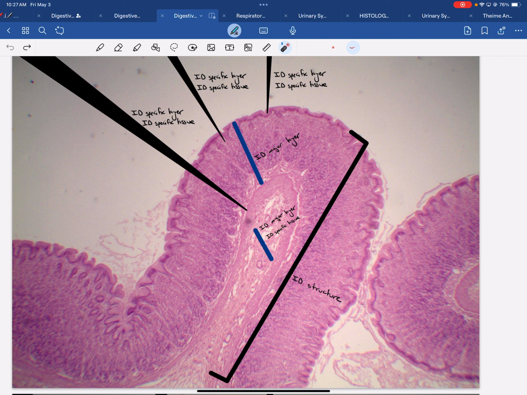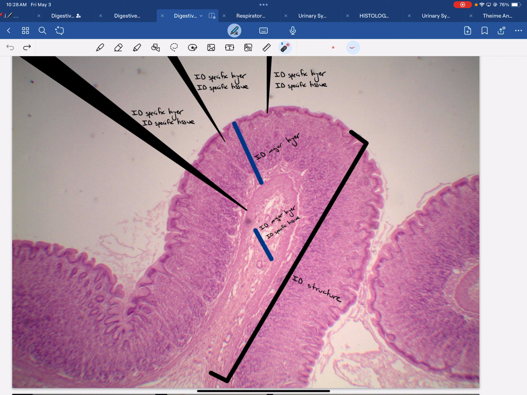The small intestine. What are they called? Good, plicae circulares. What about another region? The stomach. What are they called in the stomach? Good, rugae.